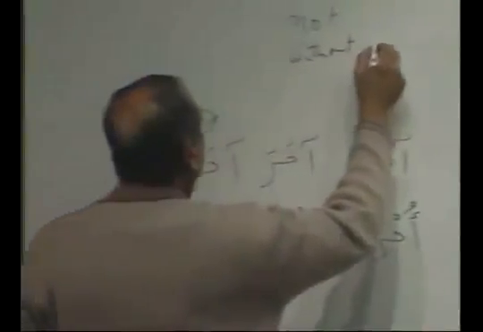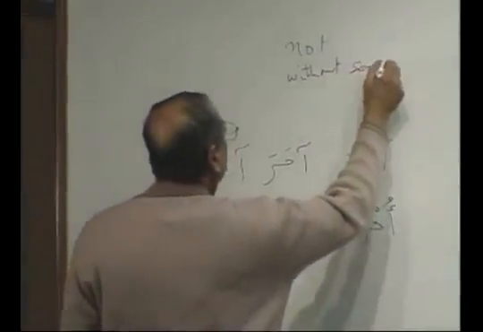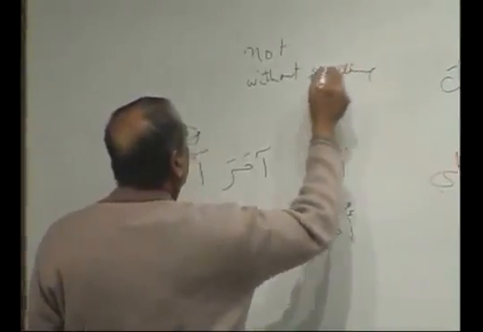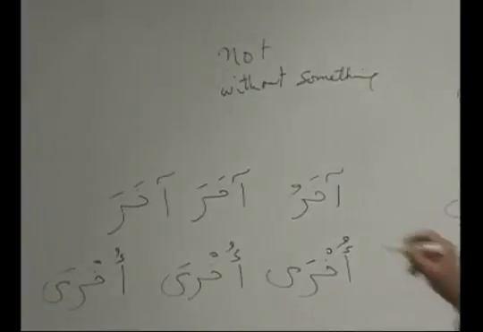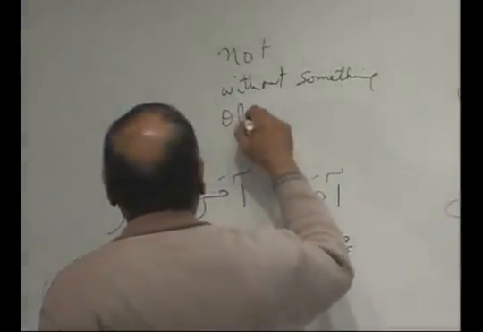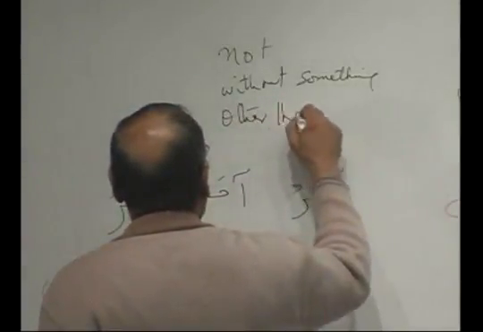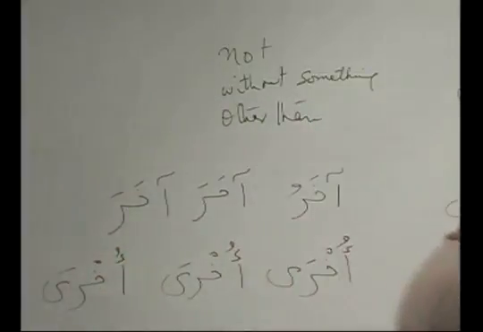Or it can mean without something. Without. Or it can mean other than. It can mean other than. And remember, brother and sister, ghair will always come as a mudaf.